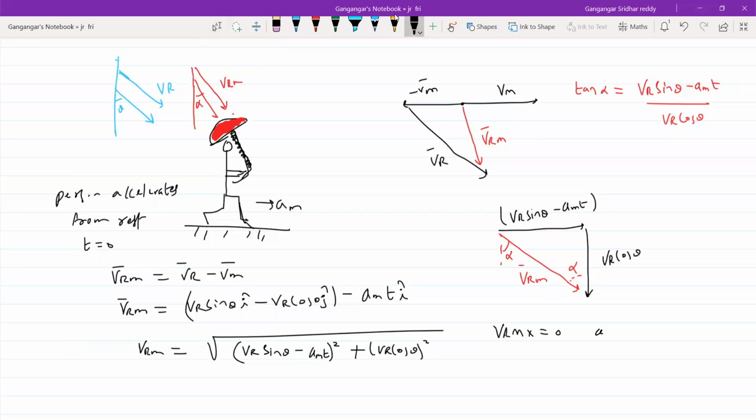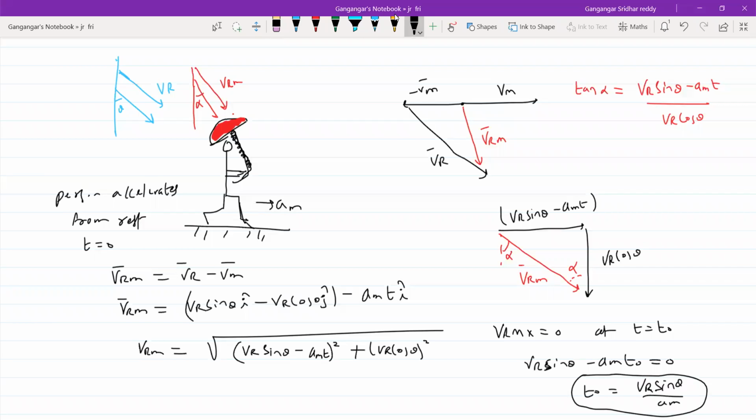VRMX equals 0 at time T0. So what is the condition now for that? VR sine theta equal to AM T0. What is this T0? The time at which the rain will pour vertically down.